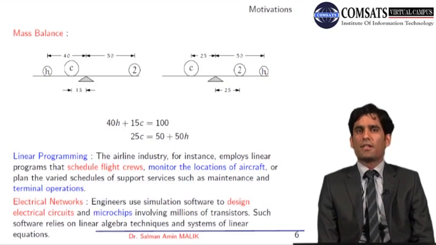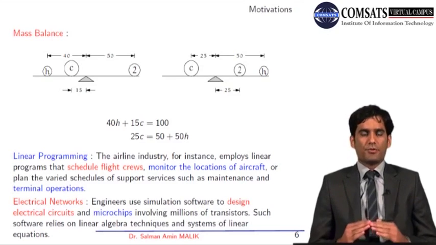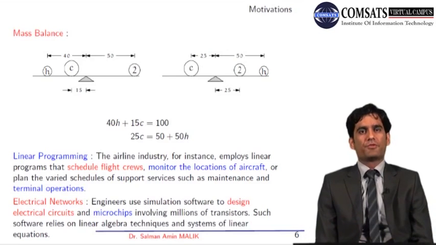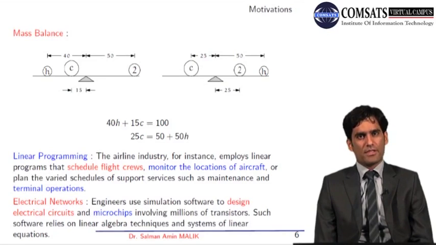The first problem is the mass balance problem, in which you have a wedge and you have a rod. You have 3 different objects. You know the mass of one object, but the masses of the 2 objects are unknown, and we want to determine the masses of these 2 unknown objects.